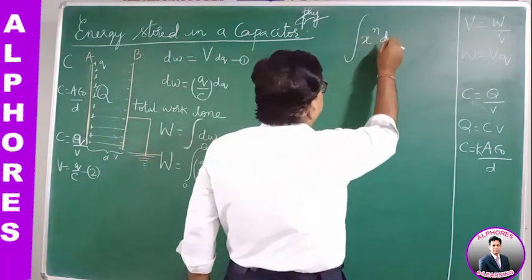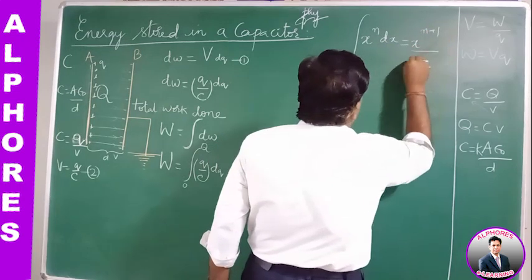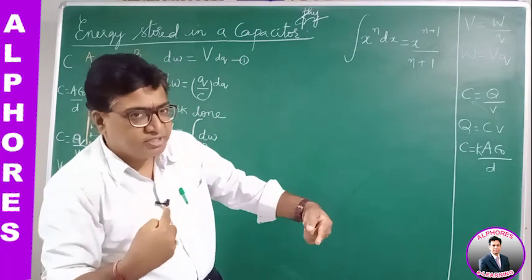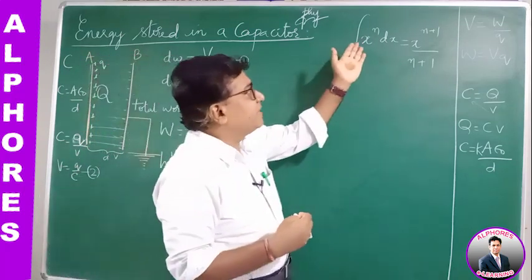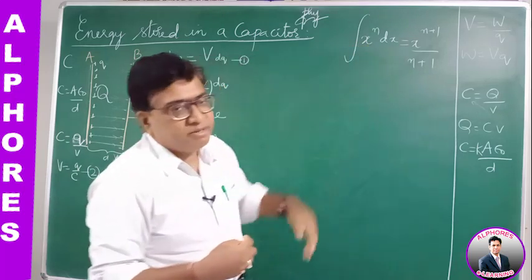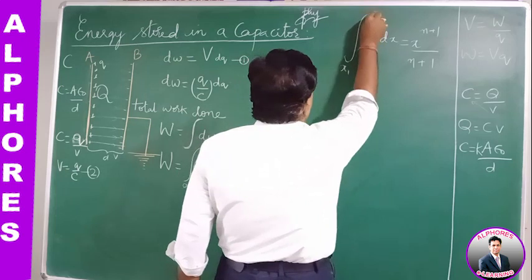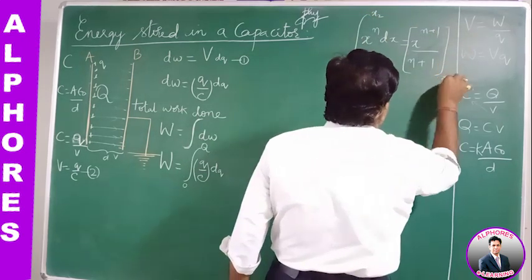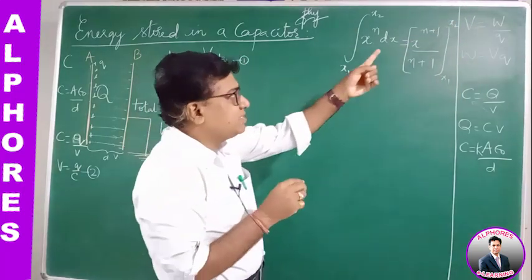Integral of x power n dx is x to the power n plus 1 by n plus 1. Integration is the reverse process of differentiation. Suppose the limits are x1 to x2, then this is between the limits x1 and x2.